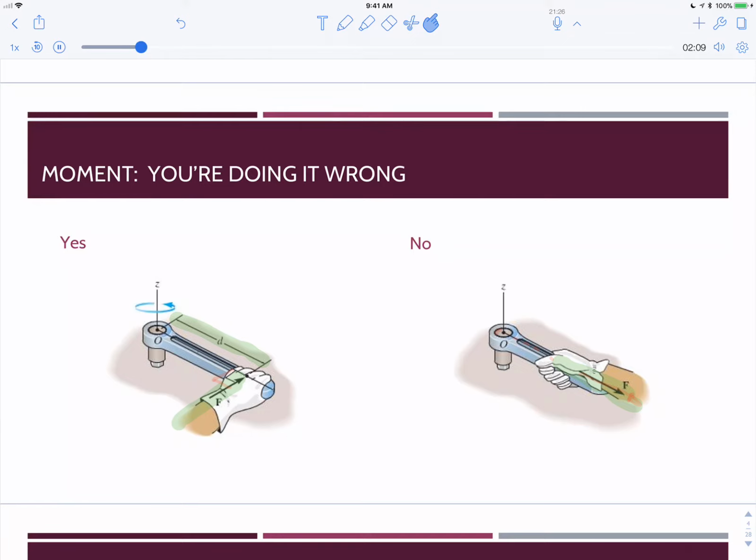In this case here, if you are pushing or pulling along this line, there is no perpendicular distance, and no matter how hard you push or pull, that will never turn the nut. You know this intuitively. To maximize your moment, you need to have a perpendicular force to the distance.